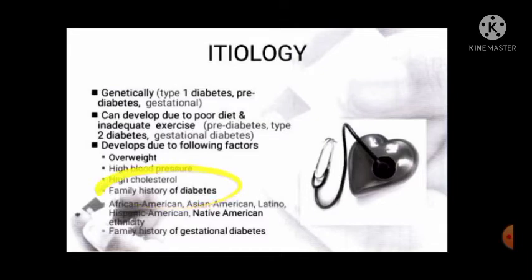Diabetes is also a genetic factor, meaning if our ancestors had diabetes, we may also have diabetes. It is not certain that if our ancestors have diabetes we also suffer from it, but it may occur. African American, Asian American, Latin American and Native American ethnicities are more prone to diabetes. Family history of gestational diabetes is also a factor.